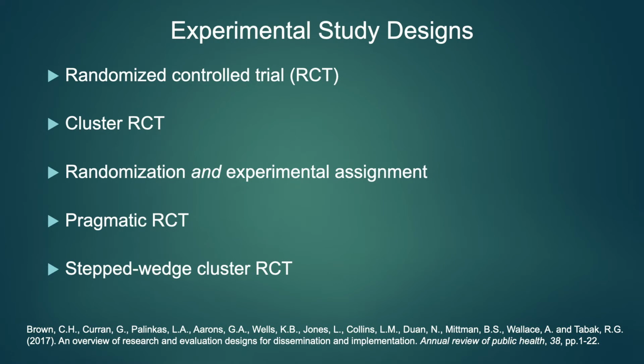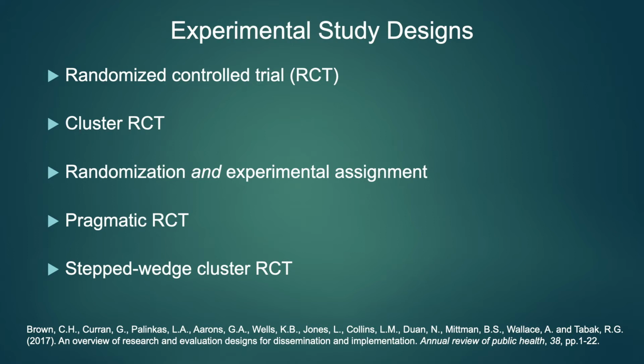In experimental study designs, the usual suspects are the randomized controlled trial, but often in implementation research, we need to consider the cluster randomized controlled trial because our unit of analysis may be the clinic. It may be a child welfare team. It may be public health agencies in multiple states. So we can use these well-established designs in implementation studies.